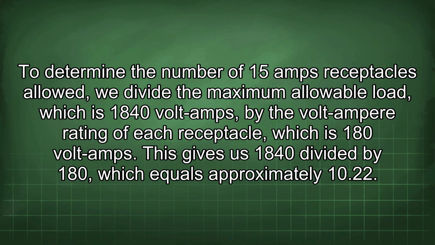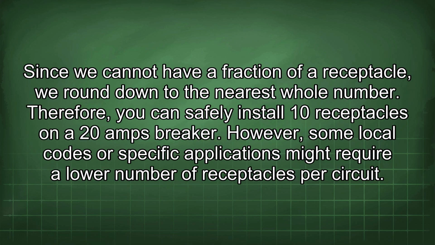This gives us 1840 divided by 180, which equals approximately 10.22. Since we cannot have a fraction of a receptacle, we round down to the nearest whole number. Therefore, you can safely install 10 receptacles on a 20 amps breaker.